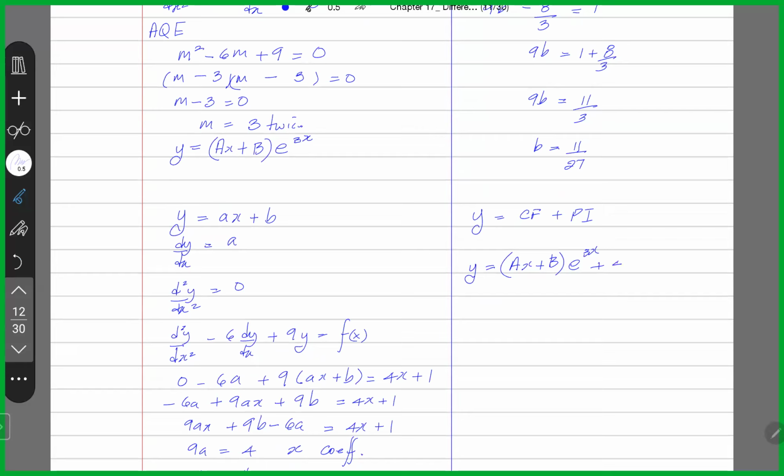So it's 4 over 9x plus b, which is 11 over 27. Now, y is equal to ax plus b, multiplied by e to the 3x, plus 4 over 9x plus 11 over 27 is my solution to the differential equation.